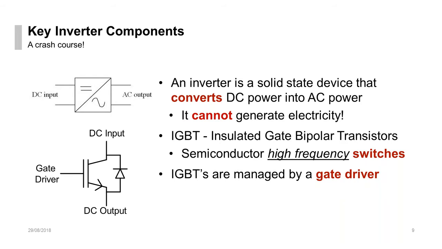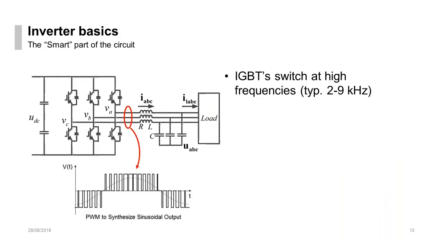So they're managed by a gate driver, and all that is doing is putting electricity into the silicon of the IGBT, and that allows the current to flow through from the DC input to the output. So this is really the smart part of the circuit, and the IGBTs, they switch at really high frequencies.